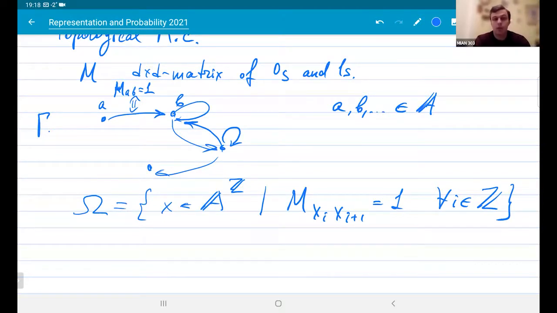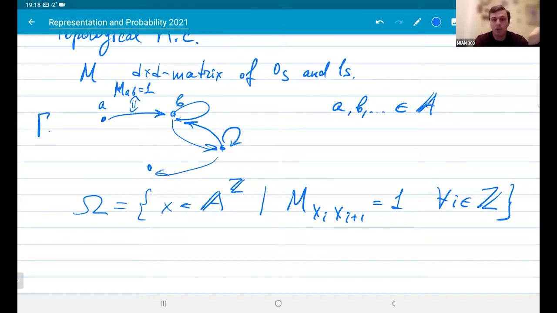If you were at some vertex x_i, the next step you are at vertex x_{i+1}, and so you need to require that there is an arrow from x_i to x_{i+1}. Another way to say the same is that this is a set of bi-infinite words such that every two adjacent letters are not from the list of prohibited two-letter words.